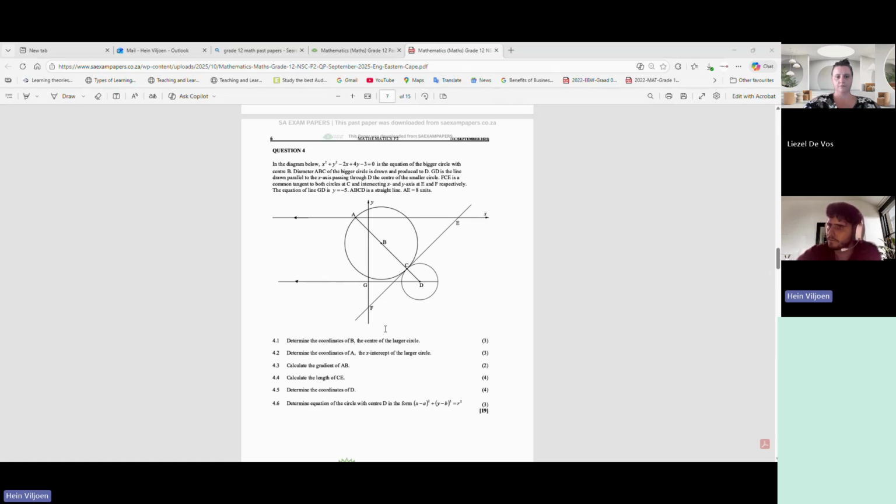But when it comes to revision, past papers are not the best way to revise, because every past paper is different. One past paper can have this question, one past paper can have that question. Most of the time, they copy and paste questions from one past paper onto another.